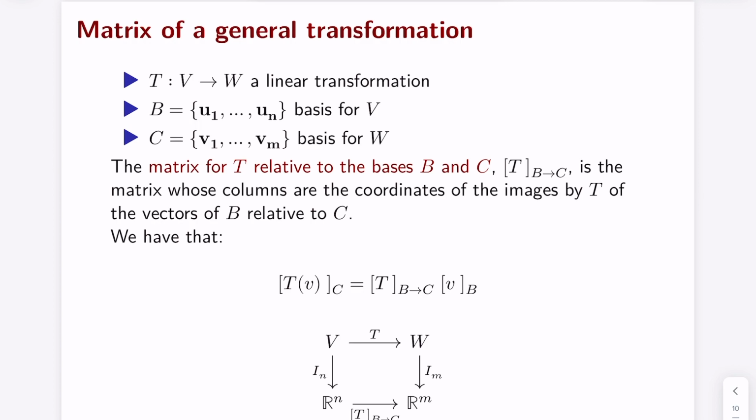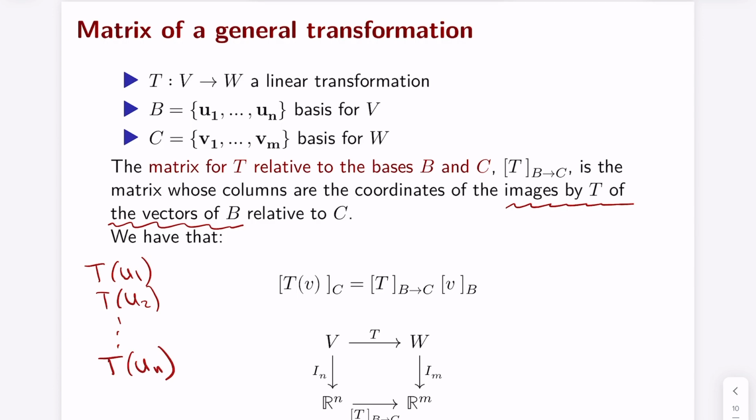First you need to do the images by T of the vectors of the base B. So what does it mean? We take the vectors in the base B and we do the images by T. So we transform them, the image of u1, the image of u2, etc., until all the images are calculated.